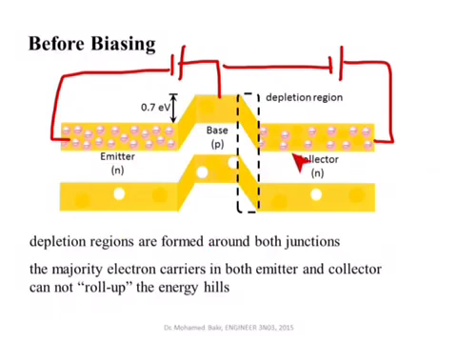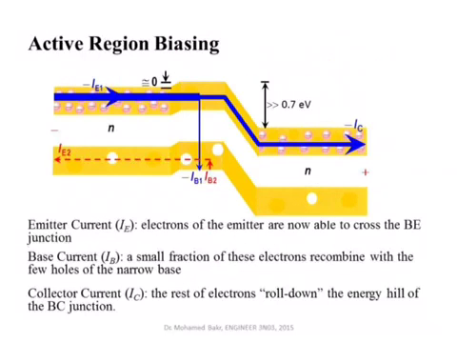We'll make the conduction band of the collector, the N-type material, go down, while the conduction band of the P-type goes up. So if you put all this together, this is what we'll end up having, as shown in the next slide. This is what we effectively get if we do forward region or forward active region biasing. We forward bias the emitter base junction and reverse bias the collector base junction.